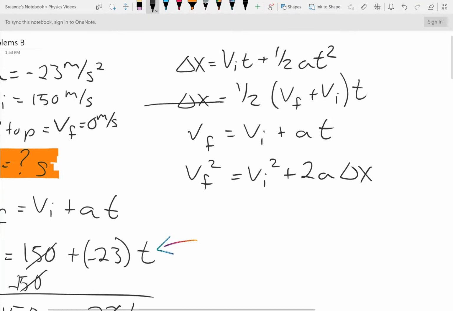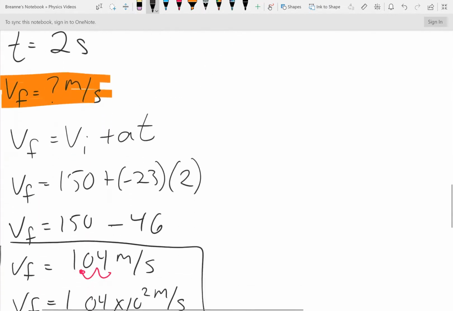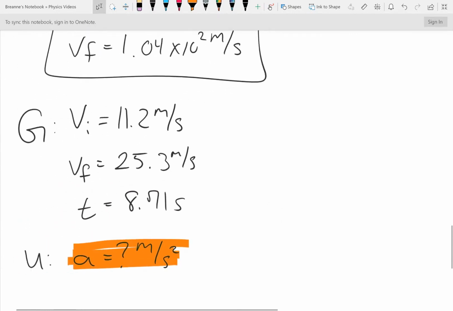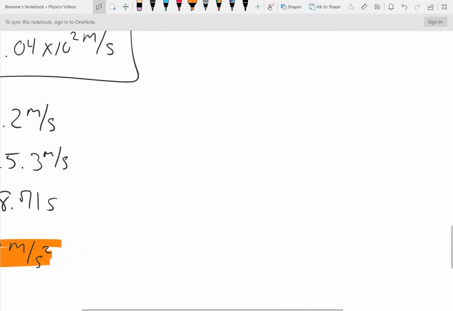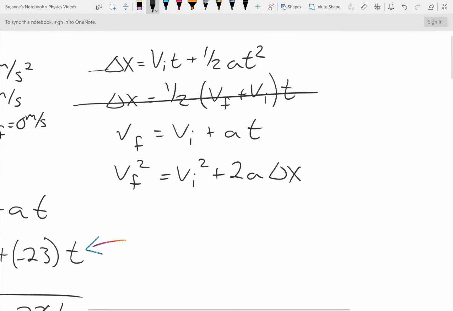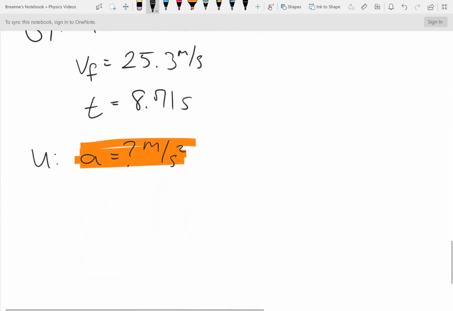The second one does not have acceleration in it, so we cannot use it. Looking at our givens, we're not given delta x, so anything that has delta x in it, we cannot use. So it looks like we're using the third one again. Our equation would be v final equals v initial plus a t.